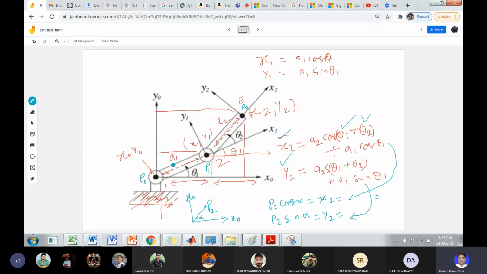Suppose this is A1 and this is theta 1, then this projection is A1 cos of theta 1. Now with the horizontal, this is theta 1 plus the additional angle between the direction of link 1 and link 2, which is theta 2.